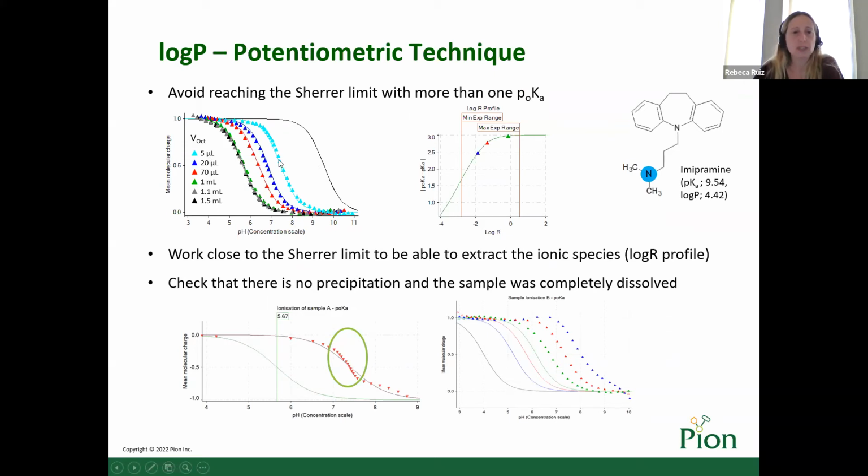Then we add 20 microliters of octanol, we have more shift, and more for the red. However, at the end, you can see that these three curves overlap. So the Scherrer limit is reached. That means that no matter how much octanol we add, we are working in pure octanol conditions.